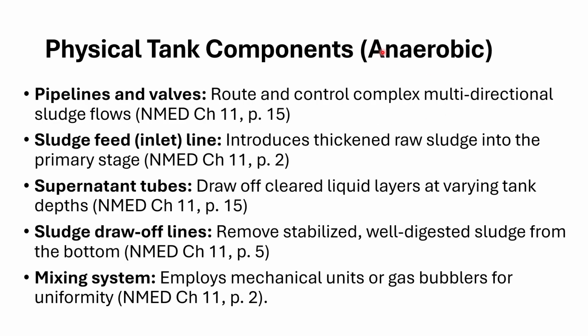So the physical tank components that we looked at for an anaerobic digester, we've got pipelines and valves, and the purpose of those, we are just routing and controlling sludge flow in 2 or 3 different directions. I call it complex, or the NMED manual calls it complex, because that sludge has to flow in a counter direction to our heat exchanger.